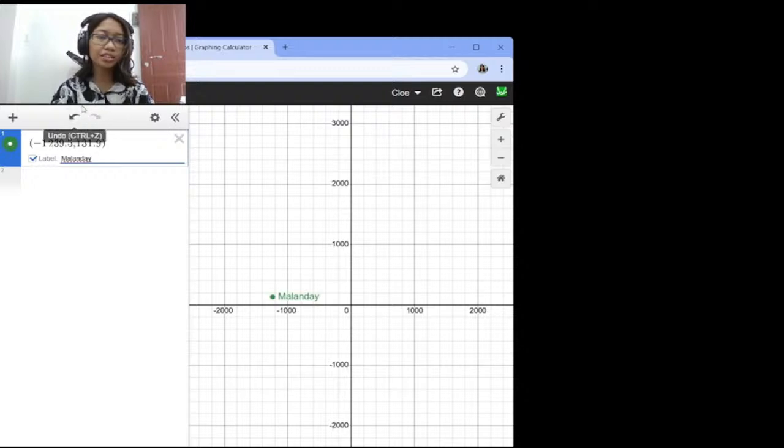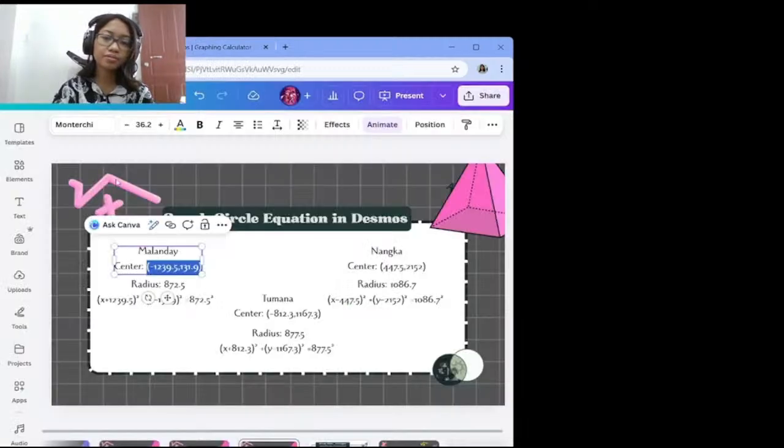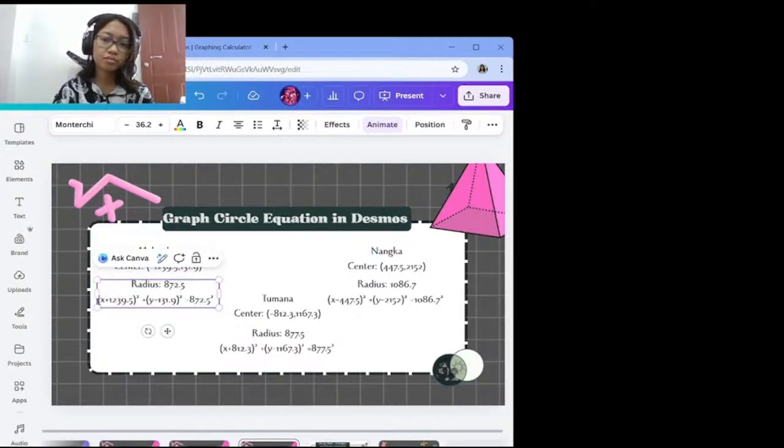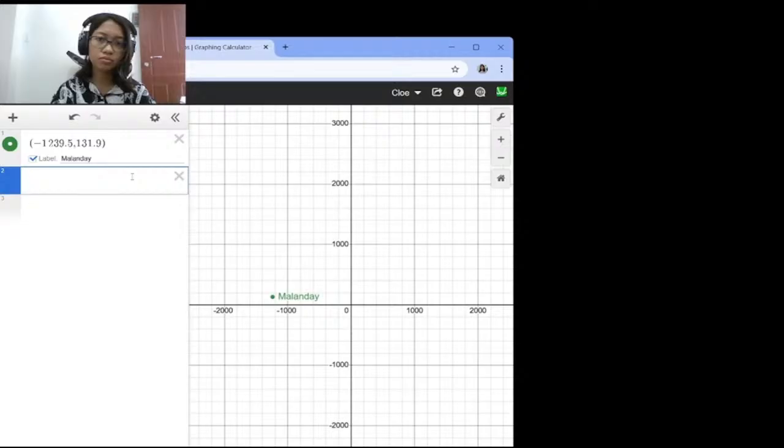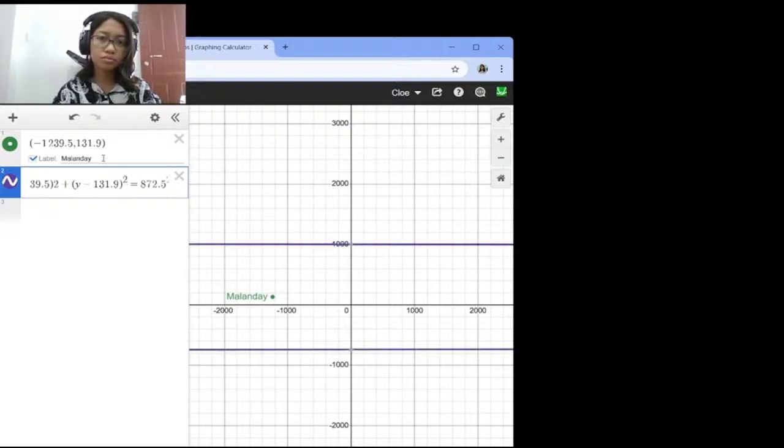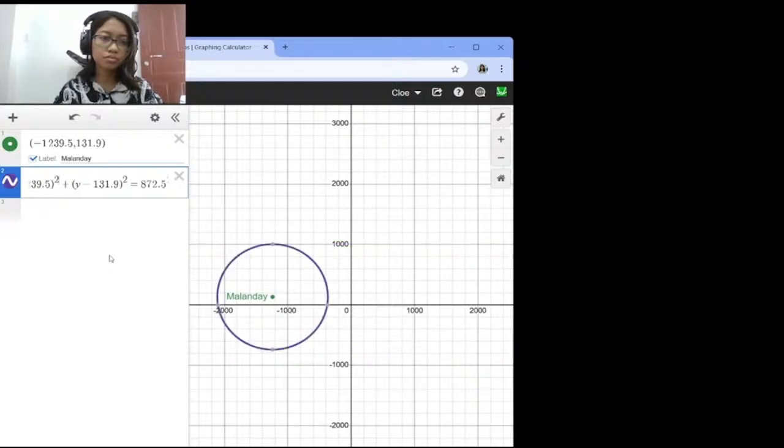Then copy Malanday's circle equation. As simple as that. You can do the same with the other two barangays, Tumana and Nangka.